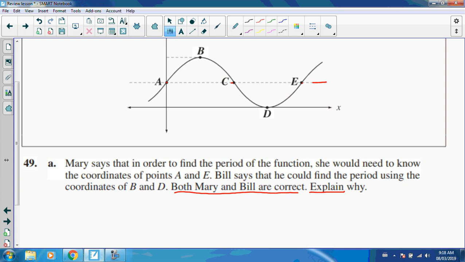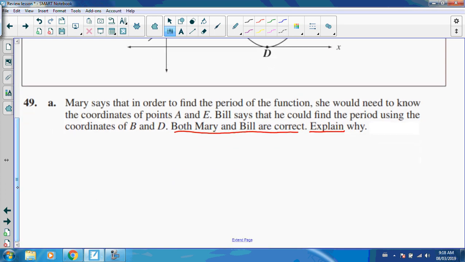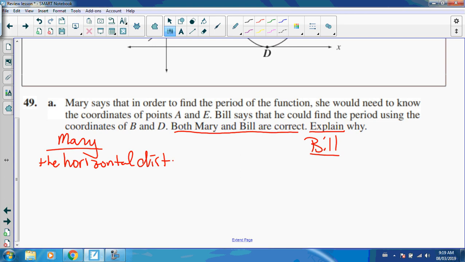Okay, so what you should come up with here is an explanation as to why Mary is correct and why Bill is correct. So for Mary, I would say that the horizontal distance between A and E, she said A and E, would be the period.